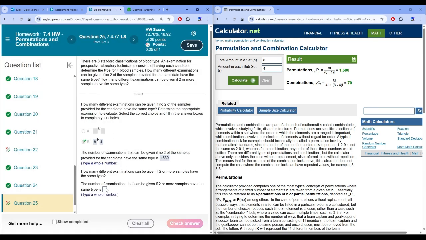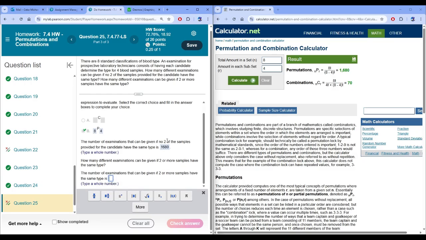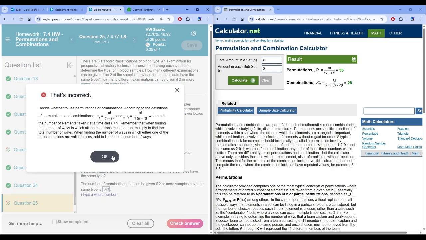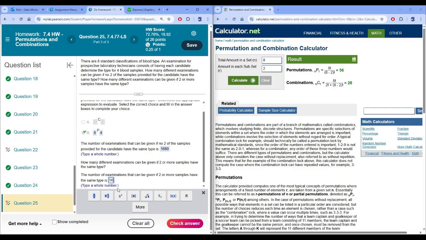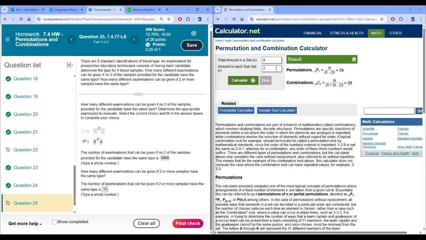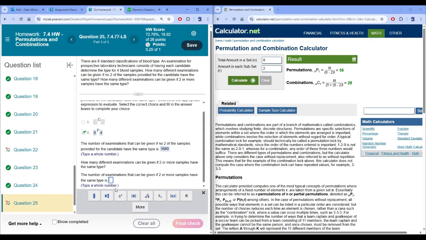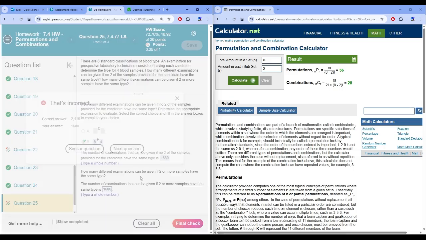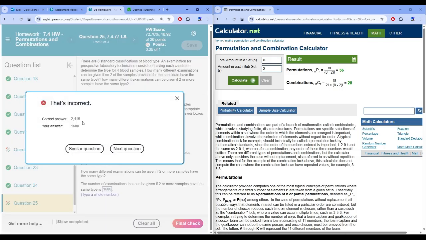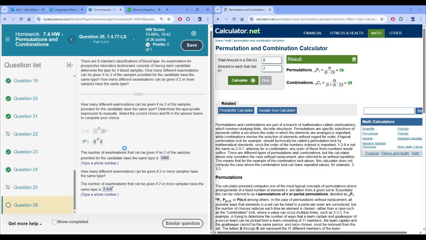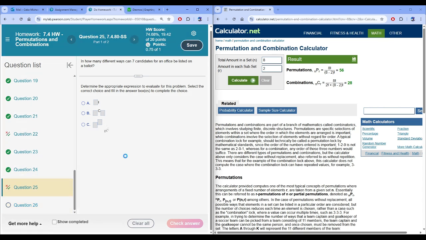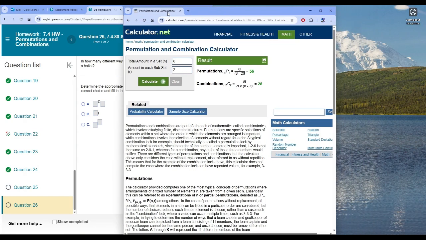Numbers in the beginning of 2 and the same type is 56. I don't know. 1680. 2 4. That times 2, right? It was that answer times 2. Oh, whatever. Yeah, you got it. All right. Put that back.